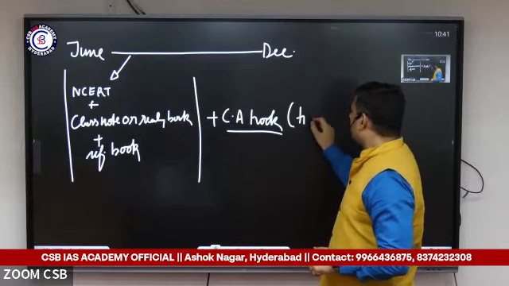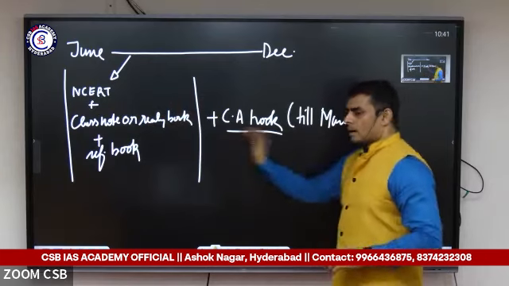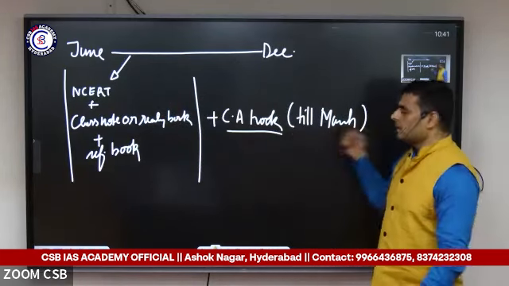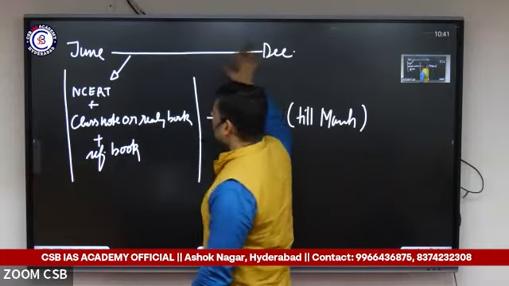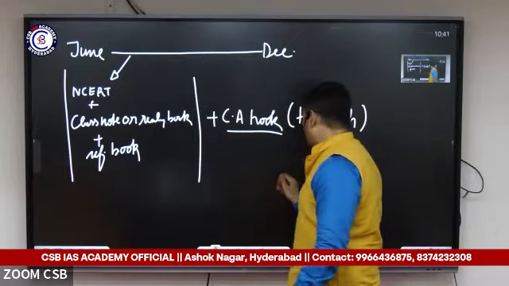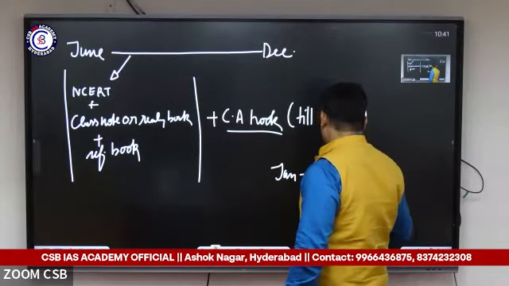It will go till what? Till March. Current affairs is going to be consistently added till March. Fine. So this work from June to December. Now from January onwards, January to March.